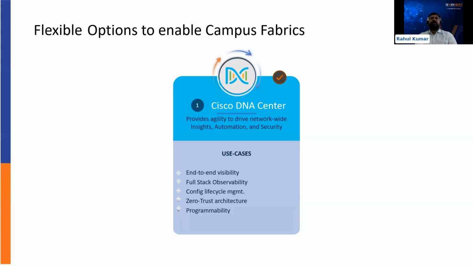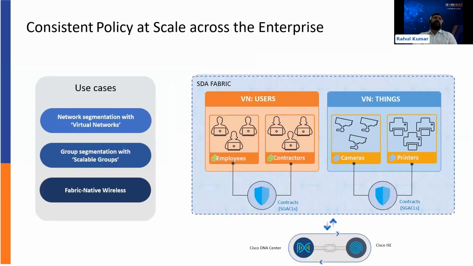Now let's discuss some use cases for SDA. What can you achieve using SDA? SDA provides two levels of segmentation. The first is macro segmentation, which is based on virtual networks, and the second is micro segmentation, which is based on scalable group tags, SGT.